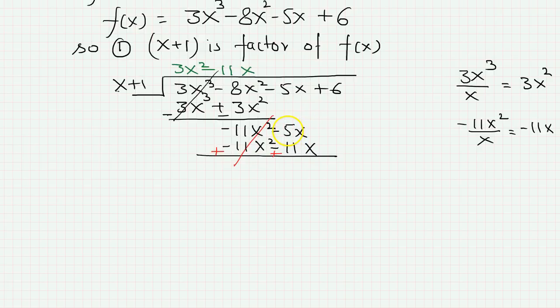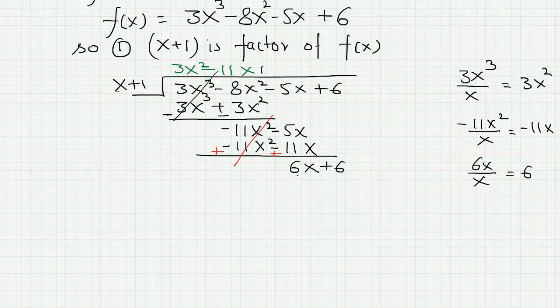This is negative, this is positive, so opposite sign you subtract. 11 minus 5 is 6. 11 is bigger, so sign will be positive, plus 6. Now this is 6x and this is x. 6x divided by x, so it is 6.